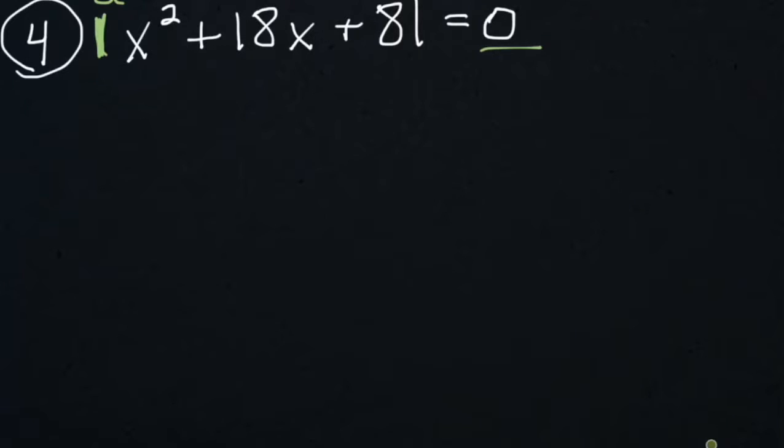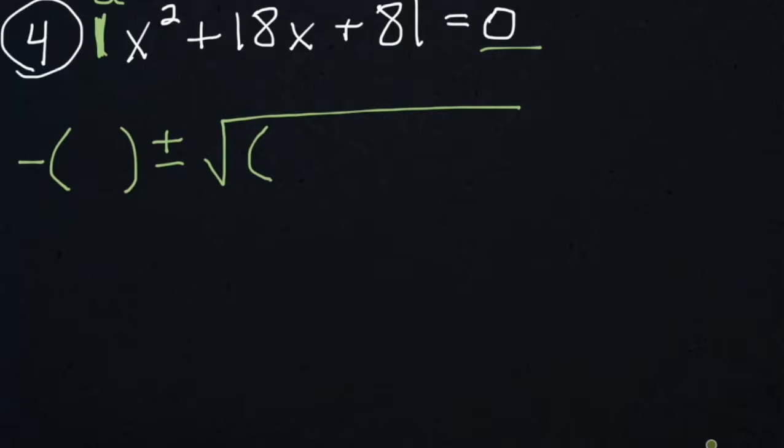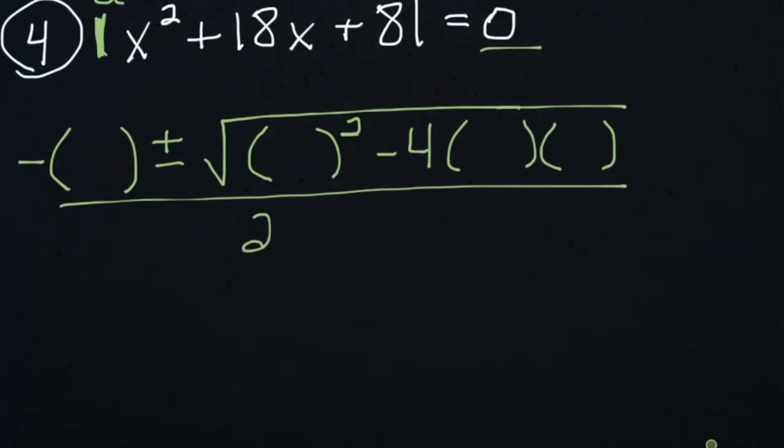Now we're going to plug into our quadratic formula. I'm going to write the formula with parentheses, leaving spaces. Negative b plus or minus square root of b squared minus 4 times a times c all over 2 times a.